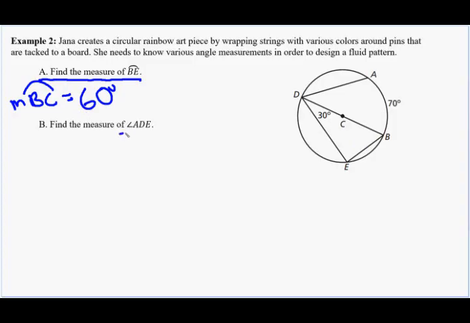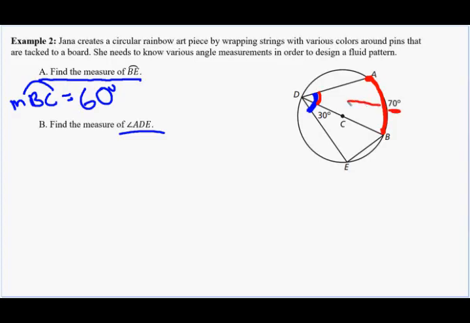Next, find the measure of angle ADE. Well, here's A, and if we go to D and then to E, we want this entire angle that I've hit in blue. We know that this chunk is 30, so what we need to do is find this red angle, ADC. And we can see here, arc AB is 70 degrees.